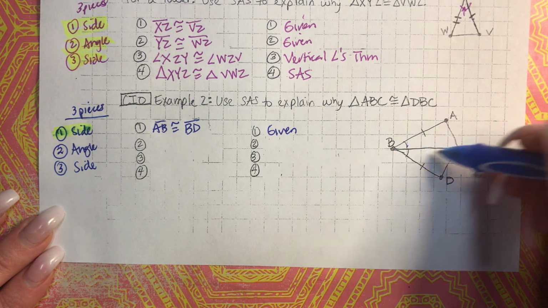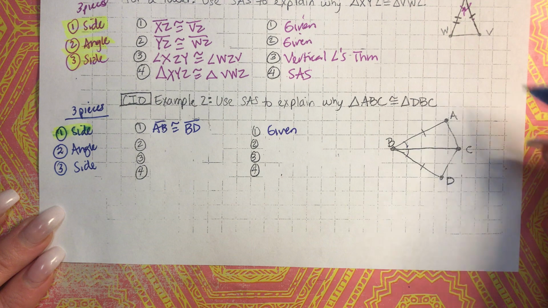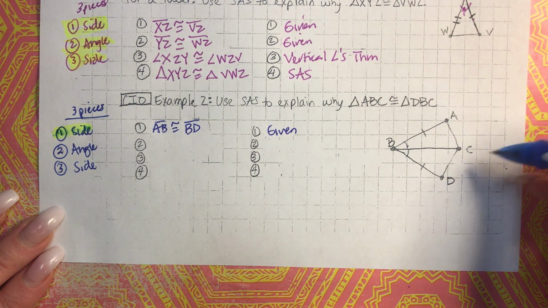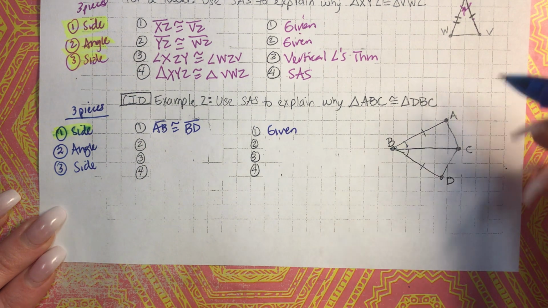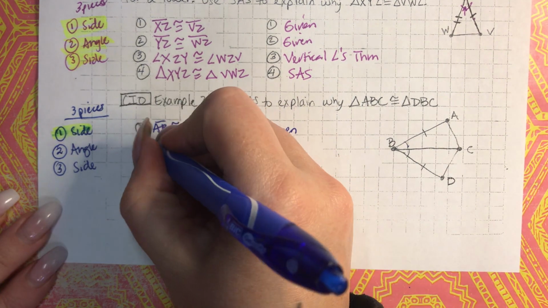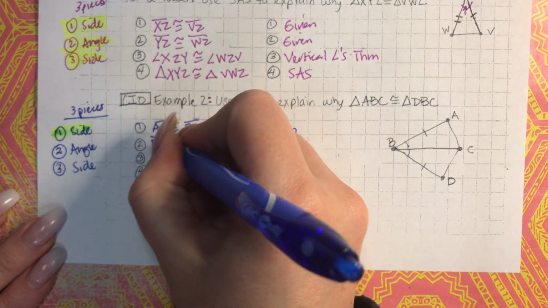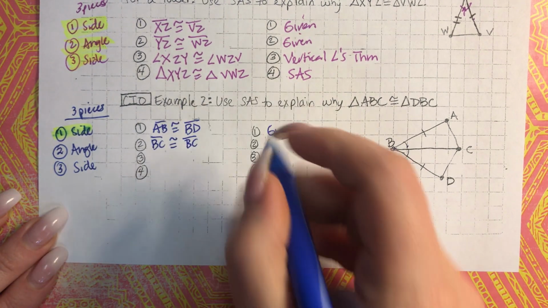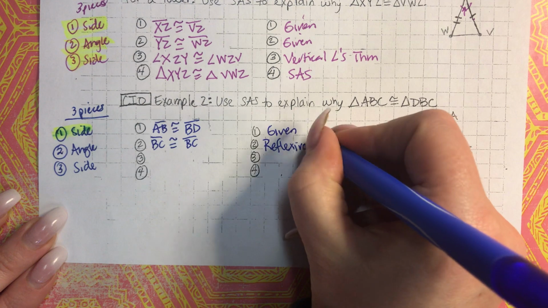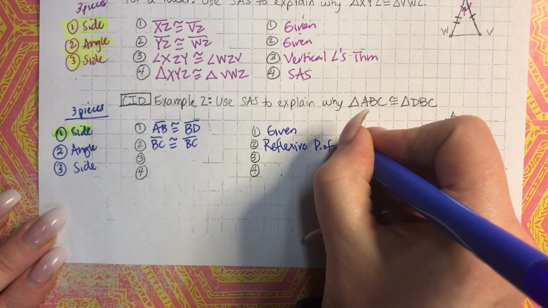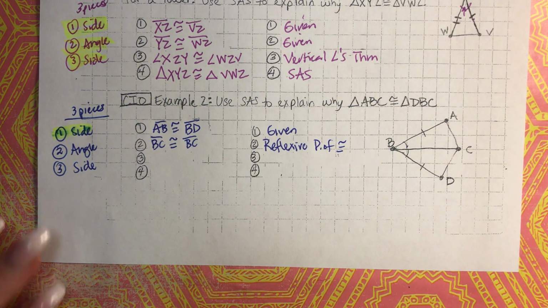And this side is actually used by both triangles, so we know that it is congruent because it's congruent to itself. So BC is congruent to BC because of the, do you guys remember? Do you remember what it's called? Because of the reflexive property of congruence. If you said that, great job.